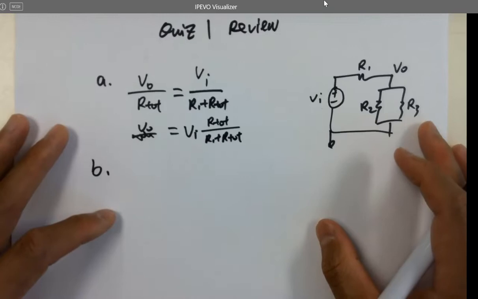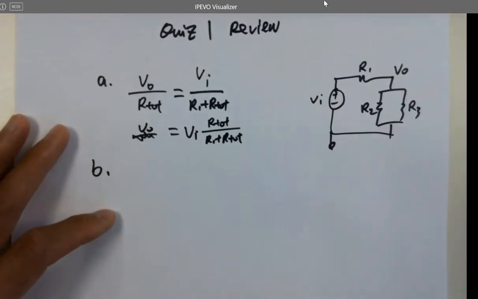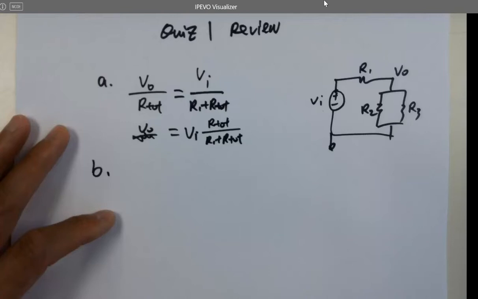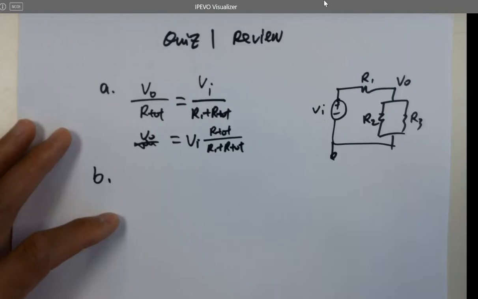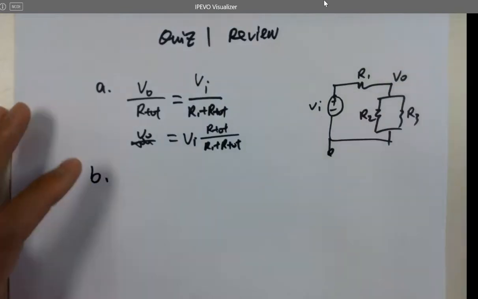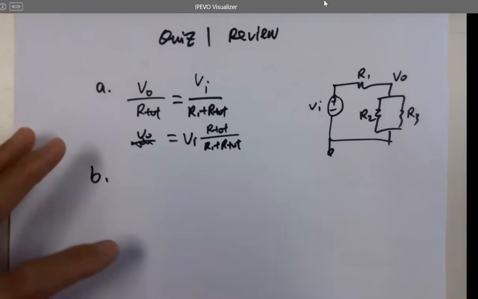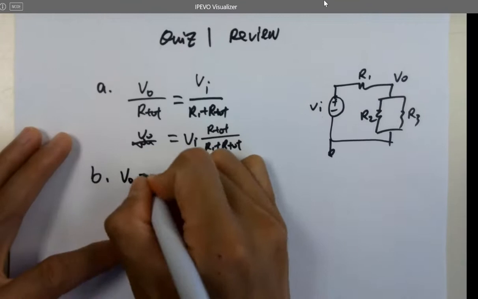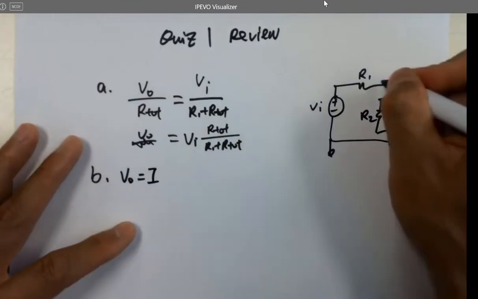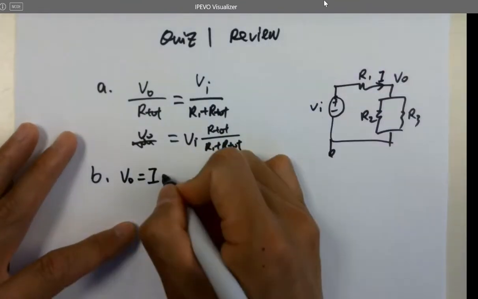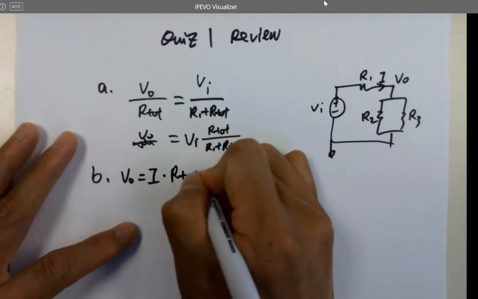So B, it's to replace that with our total and derive the voltage divider equation. So the voltage divider equation, how did we derive it at the very beginning? It was VO equals I, if you assume this is I, times our total.